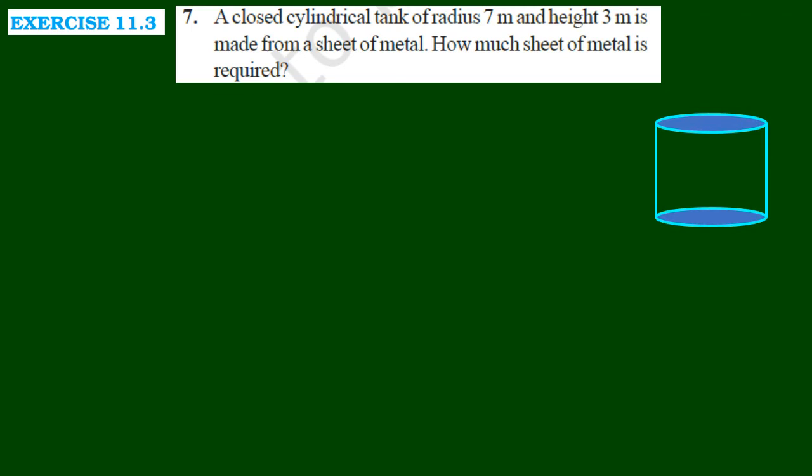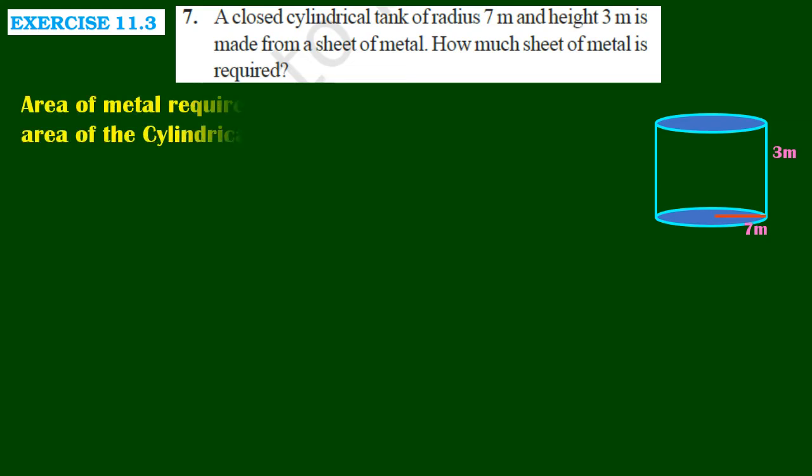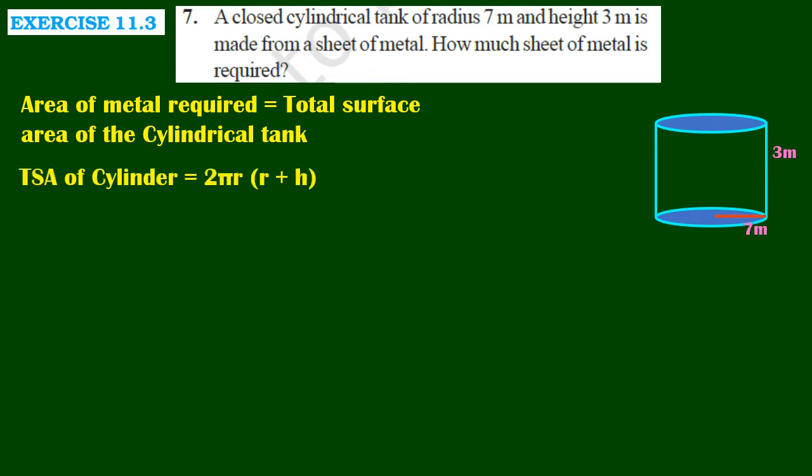So this is the tank, so it is closed. Here the radius is 7 meter and the height is 3 meter. And we need to find the area of the metal required, which is equal to the total surface area of the cylindrical tank, which is equal to, what's the formula? Yes, 2 pi r into r plus h.